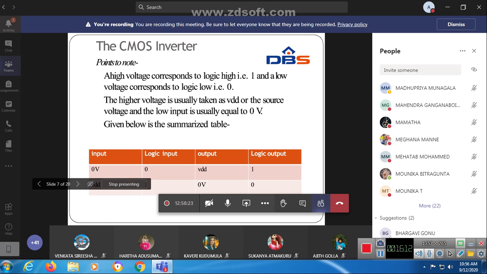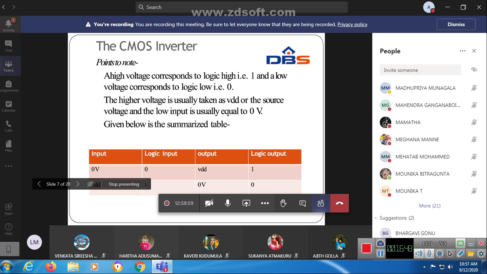So the point to note: a high voltage corresponds to logic high, that is 1, and a low voltage corresponds to logic 0. In this subject we will talk logically and also in terms of input voltages. In terms of voltages, 0 volts is equal to logic 0, and VDD or +5 volts is equal to logic 1.